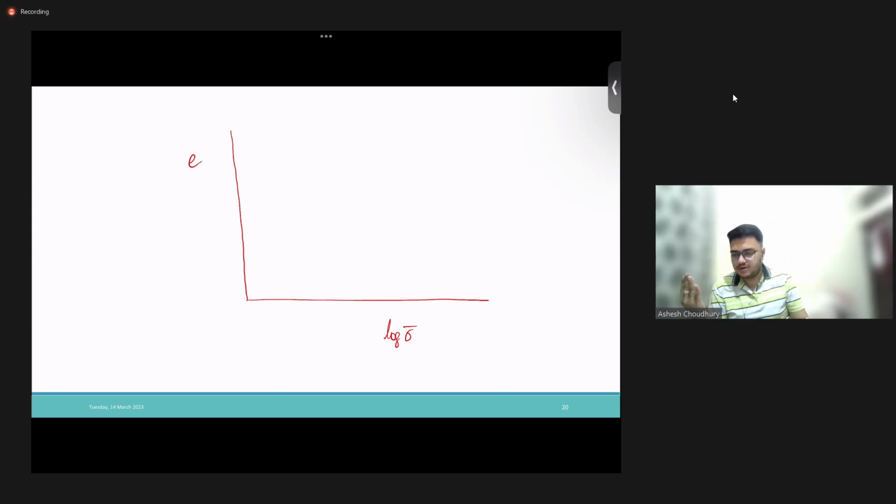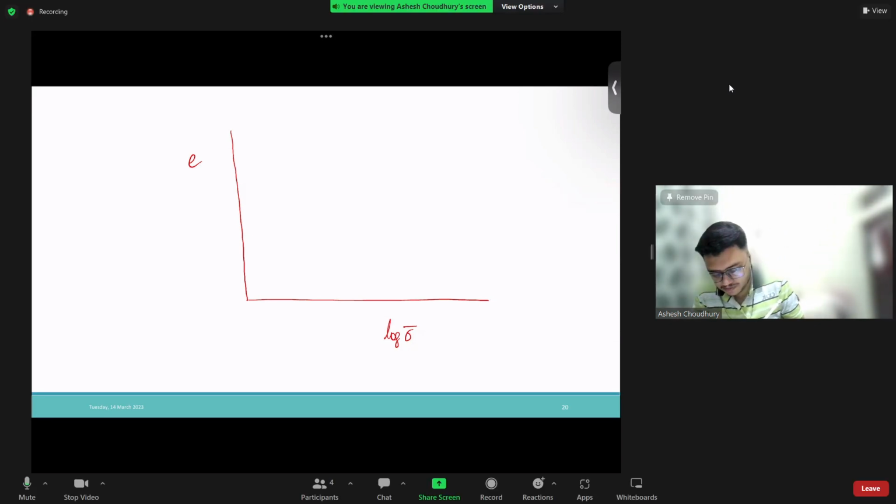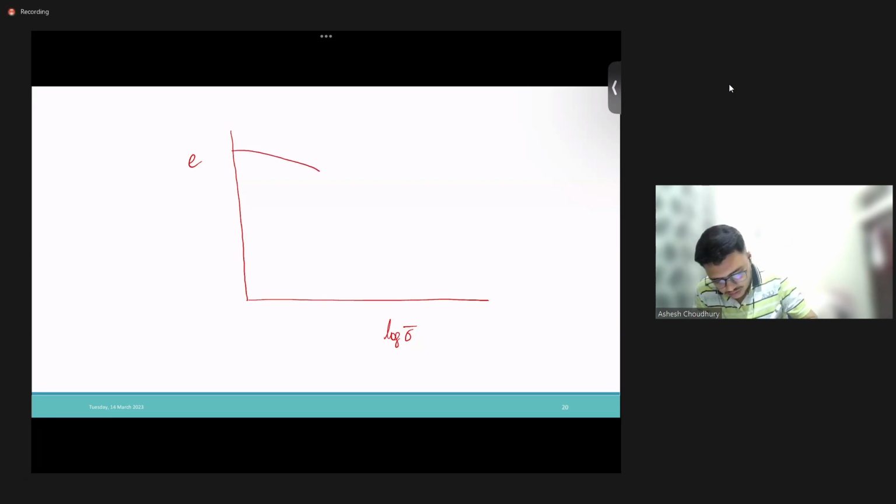You will also see the recompression and swelling curves. Initially it will be like this. Up to this point my soil will be over consolidated, and after this point my soil will be normally consolidated. So you will get a curve like this.